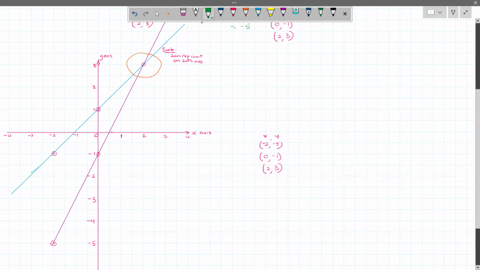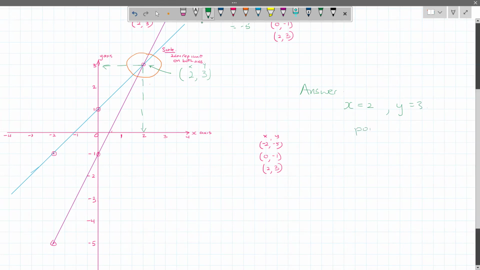This point here is the point 2 on my X and 3 on my Y. Everybody see now? That's my X value. That's my Y value. So the answer to the simultaneous equation is X is equal to 2 and Y is equal to 3.